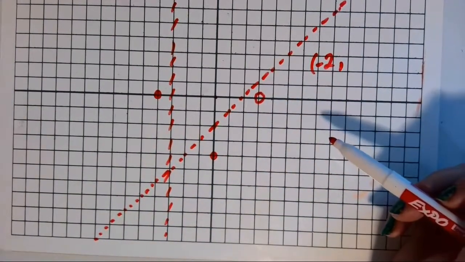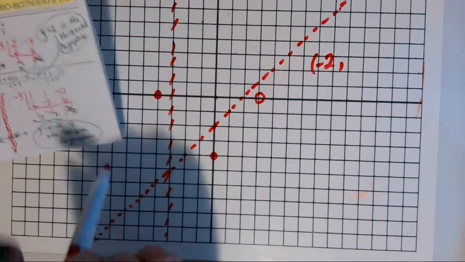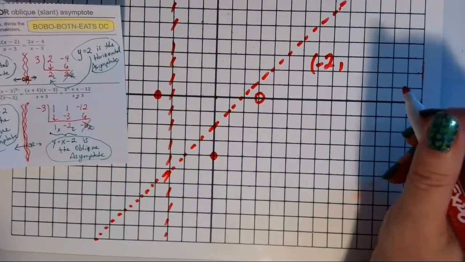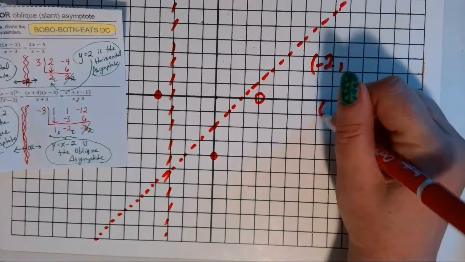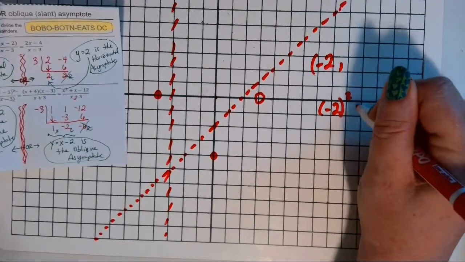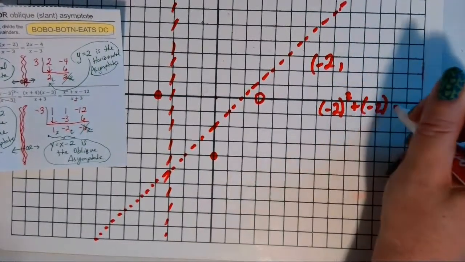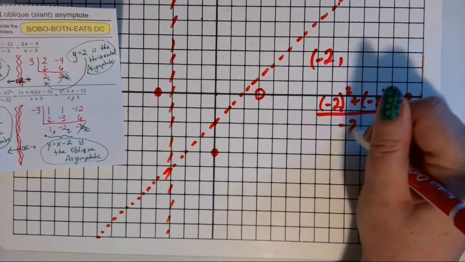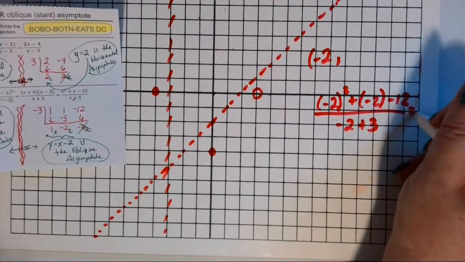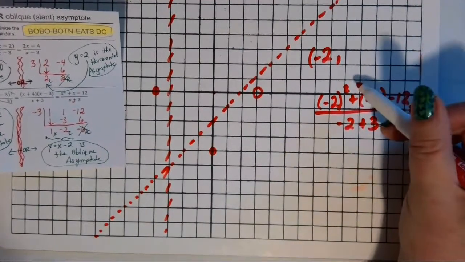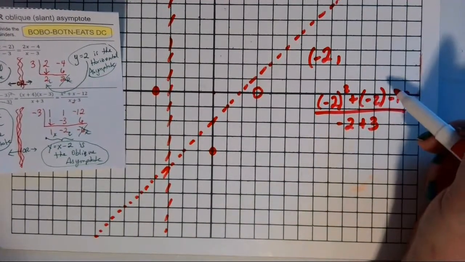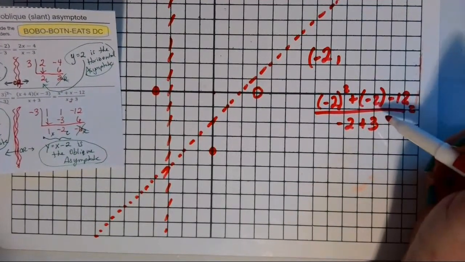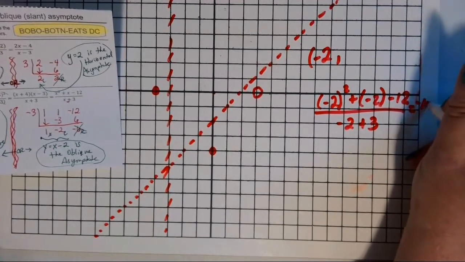So I put in -2 for my x, and the equation that I'm using is x squared plus x minus 12 in the numerator. So that'd be -2 squared plus -2 minus 12, all divided by -2 plus 3. And that's going to be, let's see, 4 and minus 2 minus 12 over 1 would be negative 10.